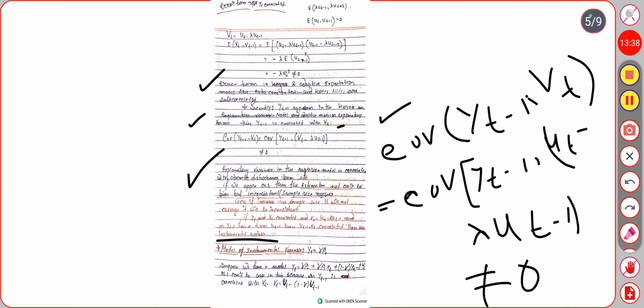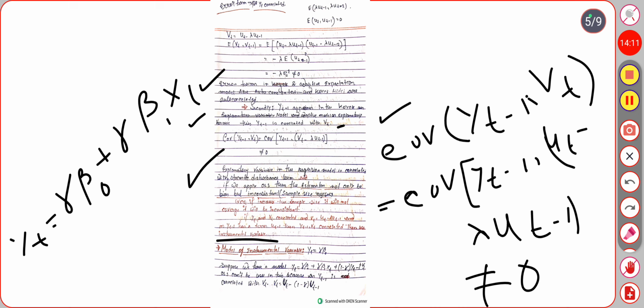Suppose we consider that yt is equal to gamma beta naught plus gamma beta 1 xt plus 1 minus gamma yt minus 1 plus vt.